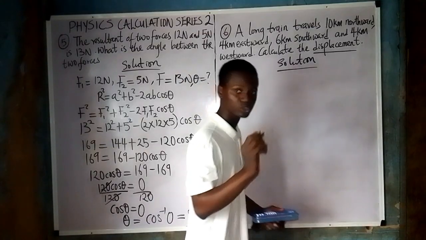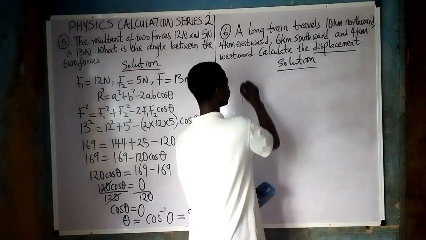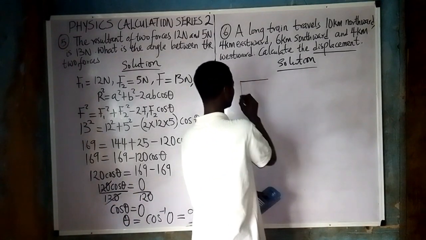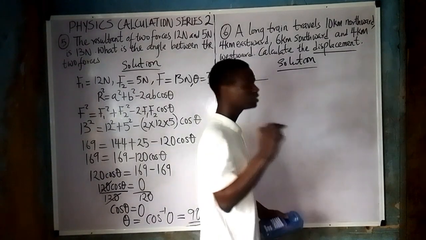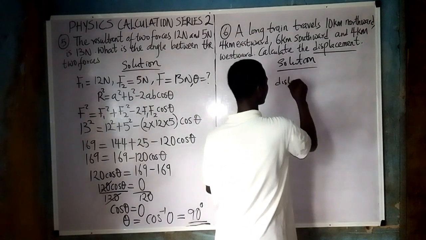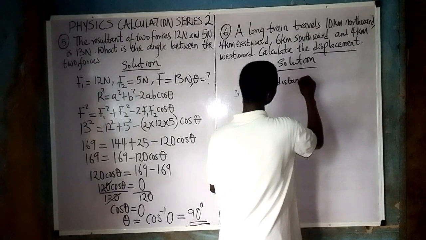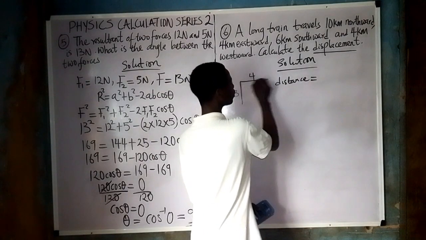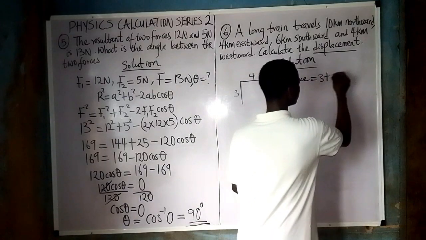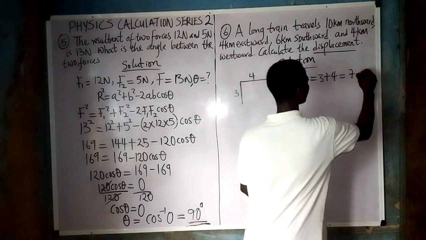Let me just show you an example. Imagine a boy who moves like this, moves like this. Let's say here was 3 meters, here was 4 meters. The total distance the boy has covered is 3 plus 4, and that is 7 meters.